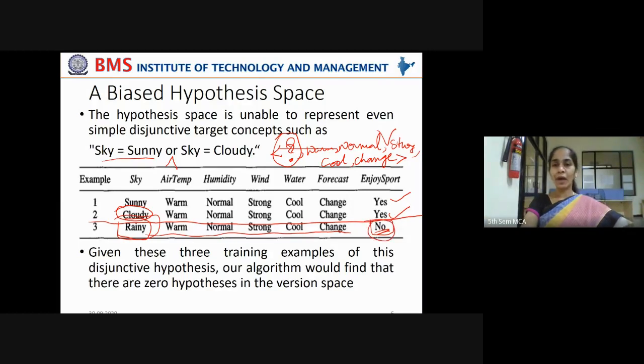Whenever a hypothesis is found to be inconsistent with the training examples, the candidate elimination algorithm will remove that hypothesis from the version space. Do you remember? So this hypothesis will be removed from the version space, though it covers example 1 and example 2. That is why there will be zero hypotheses in the version space.